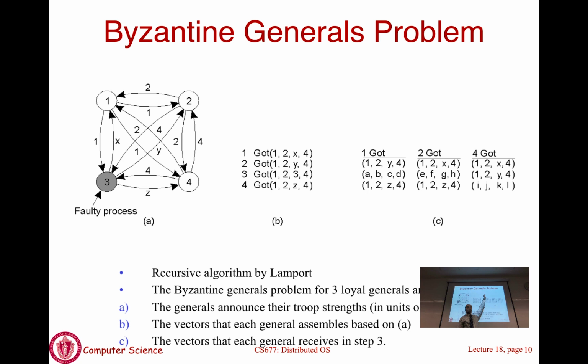Does that make sense? Okay. So basically those variables say the messages could be anything. If you analyze the message, in this case, one general says this is what 2 has received at the end of the first round, this is what 3 has received, this is what 4 has received.